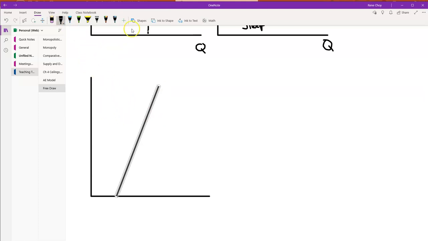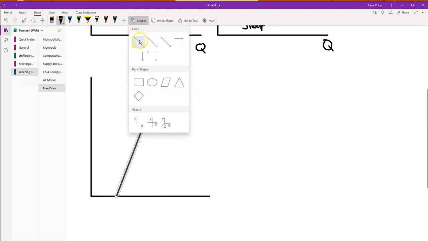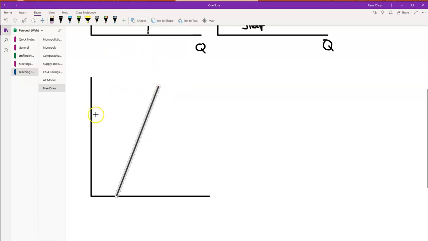Now, let's just take a look at an inelastic supply, just as an example, paired with a kind of normal looking demand.